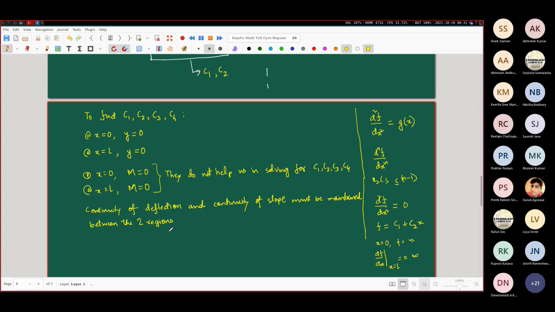Between the two regions means we have two regions here, from 0 to L by 4 and from L by 4 to L. So between these two regions, the common interface is at x equal to L by 4.